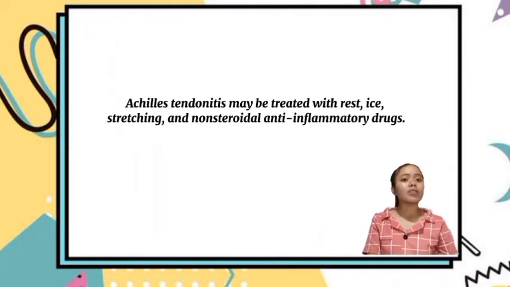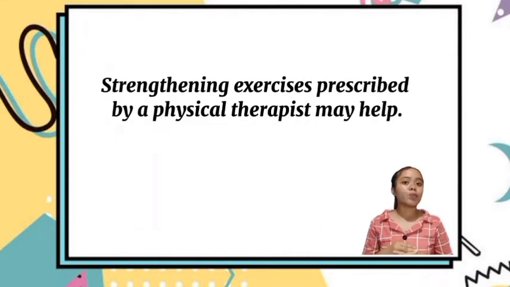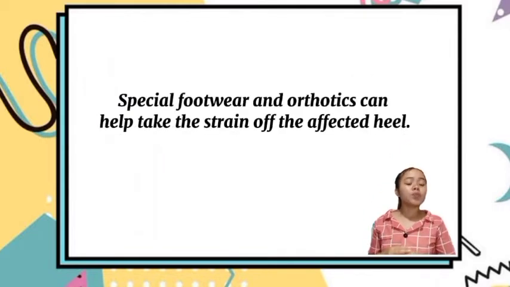Achilles tendonitis may be treated with rest, ice, stretching, and non-steroidal anti-inflammatory drugs. Strengthening exercises prescribed by a physical therapist may help. Special footwear and orthotics can help take the strain off the affected heel.